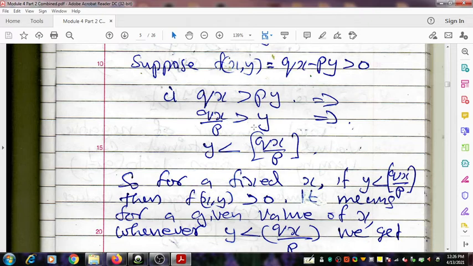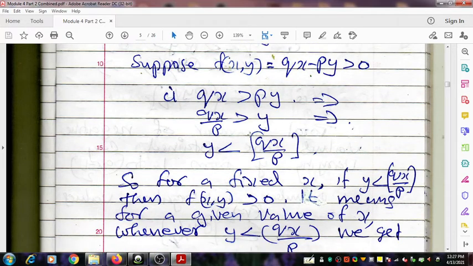Thus this quantity can be rewritten as y less than [qx/p] in square bracket. That means the highest positive integer value contained in the quantity qx divided by p. We are removing the decimal portion from the number qx/p, and that many y values can be obtained.